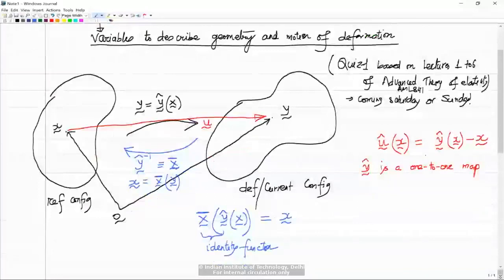And sometimes this composite map is also written like this: x with a circle. Okay. So this is the composite map, and because of them being inverse of each other, it's also an identity function, identity map, right?